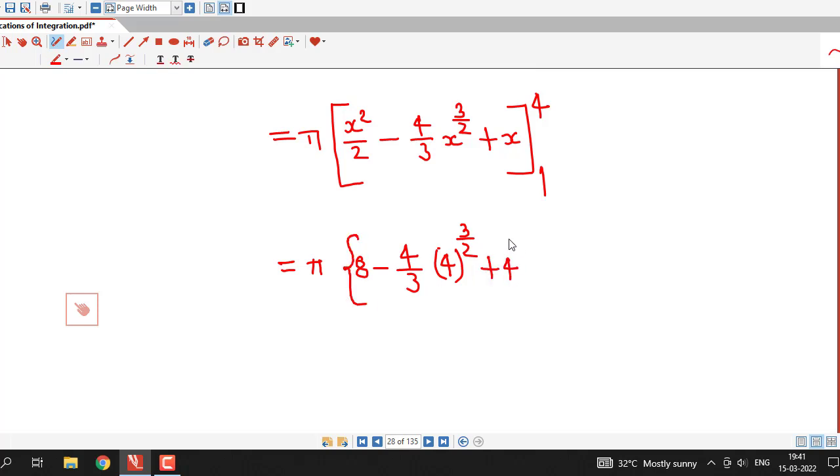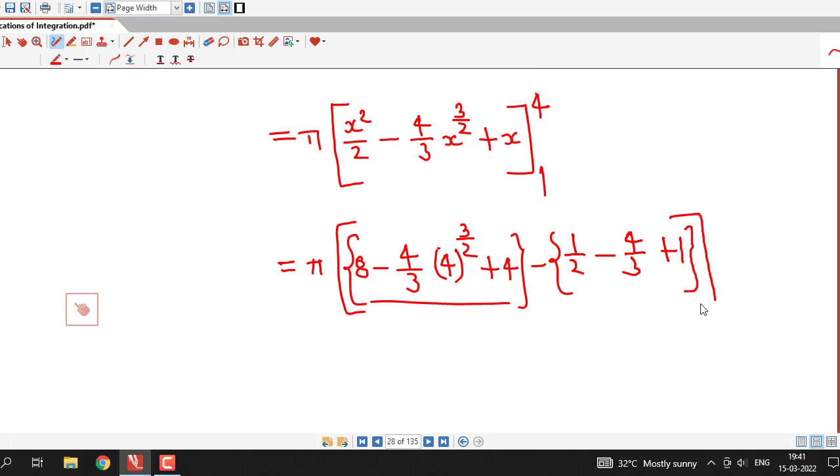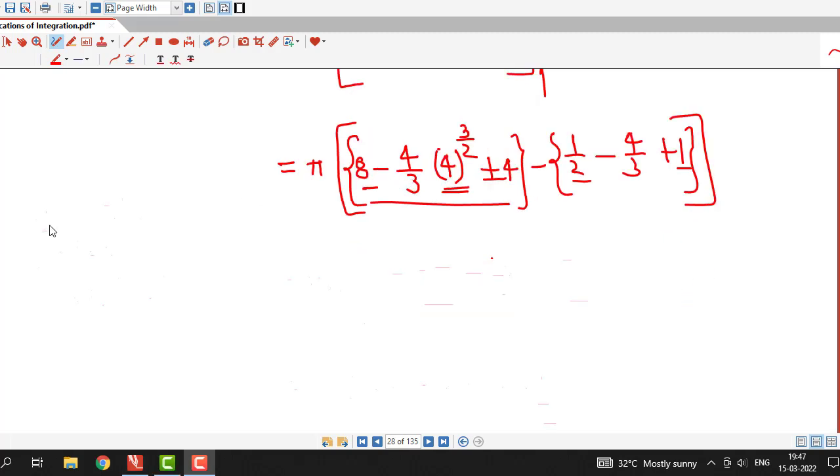This is for the upper limit, x equal to 4, and from it we subtract the terms for x equal to 1. For x equal to 1 we have 1 by 2 minus 4 by 3 plus 1. Now this 4 raised to 3 by 2 we can simplify in this way. 4 we can rewrite as 2 squared, raised to 3 by 2. 2 will cancel out and we have 2 raised to 3, that is 8.